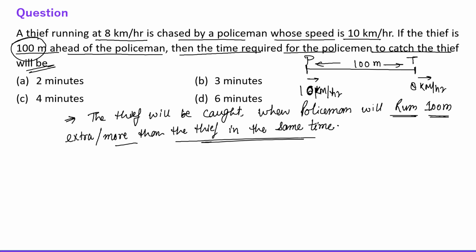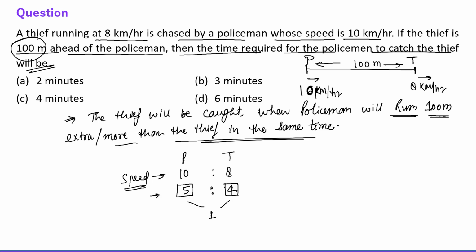Fine. So obviously the ratio of their speed is 10:8, which is 5:4, and the difference between them is 1. See, this is the ratio of the speed, so when the thief is covering 4 units, the policeman will be covering 5 units.